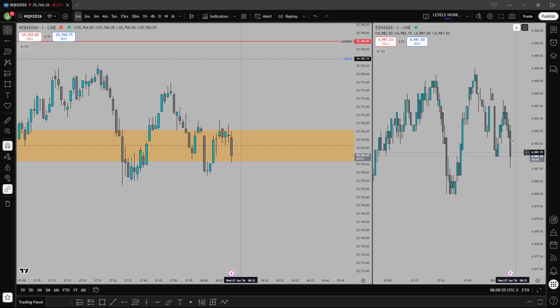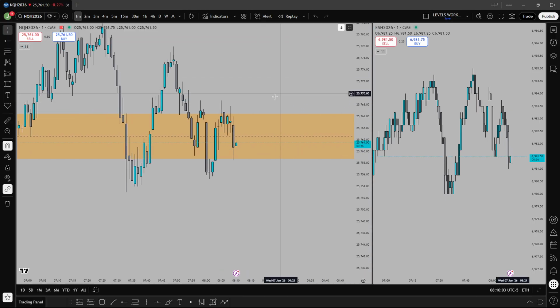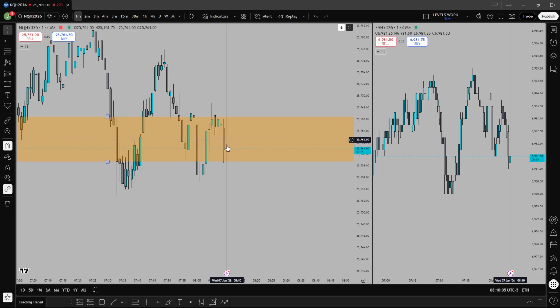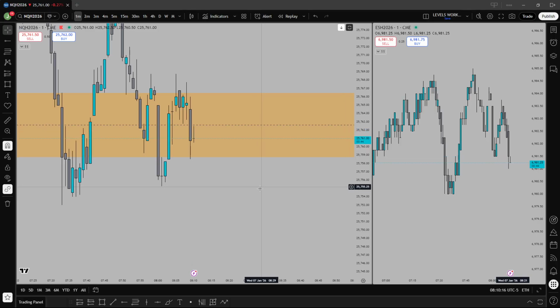I like what ES is doing here. Maybe tap the consequent encroachment and then reject. Hmm. It tried.